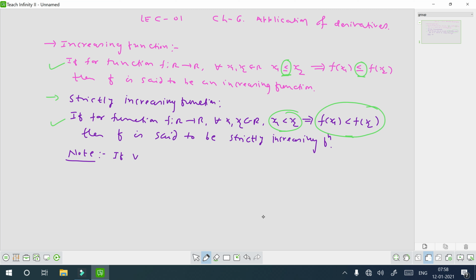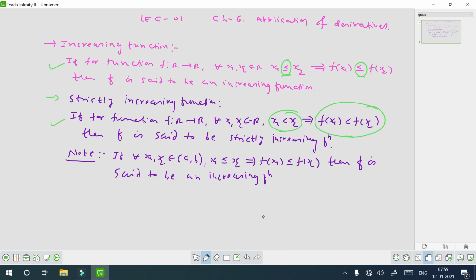If for all x1, x2 belongs to open interval AB, any open interval, x1 less than or equal to x2 implies f x1 less than or equal to f x2, then f is said to be an increasing function on open interval AB.